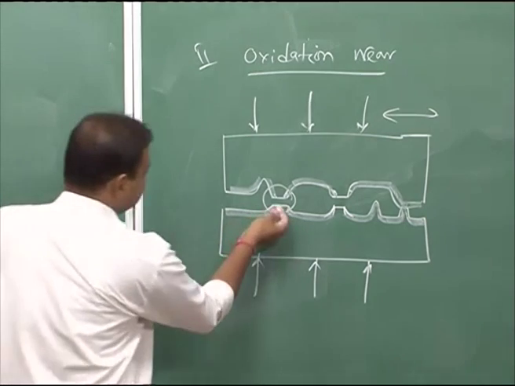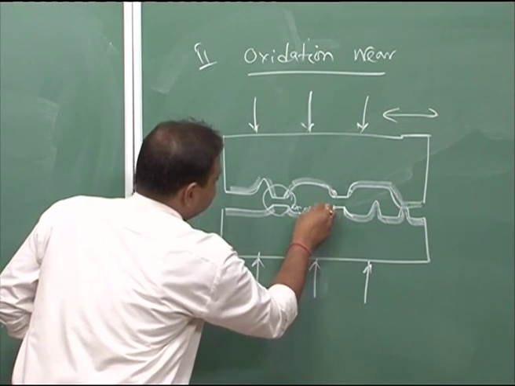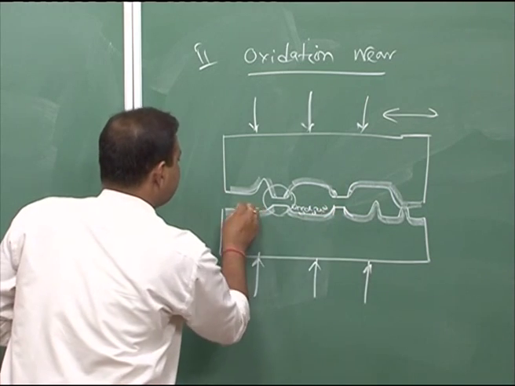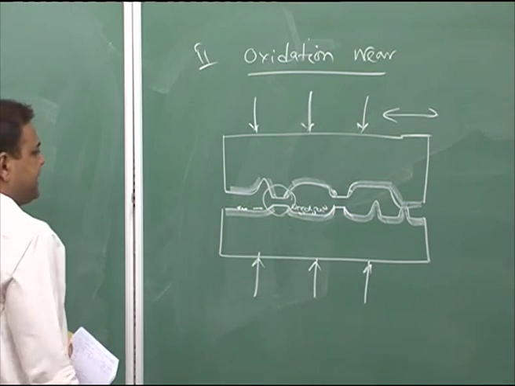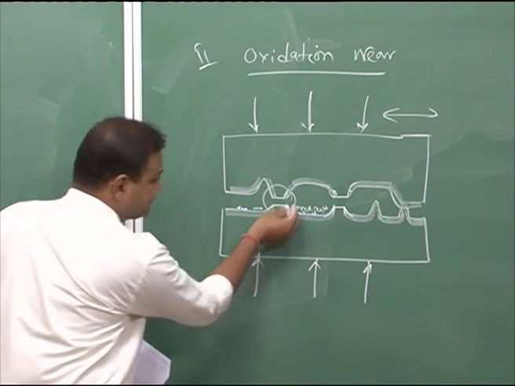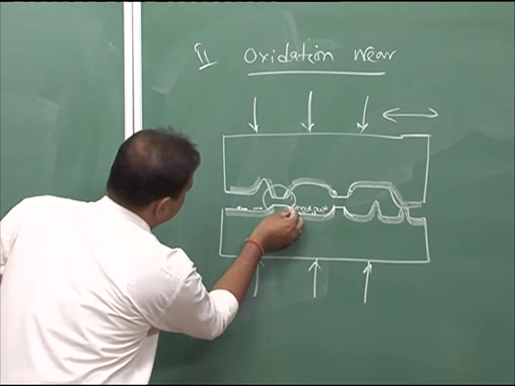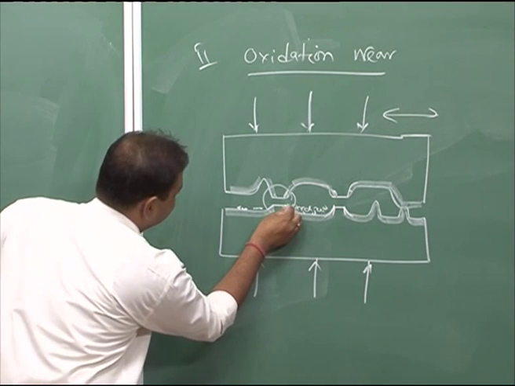The oxide layer is getting removed, chipped off. When that oxide layer is chipped off, it stays in the groove part, and now you have the fresh metal surface which is exposed to the medium or environment, and that fresh metal surface would get oxidized further.